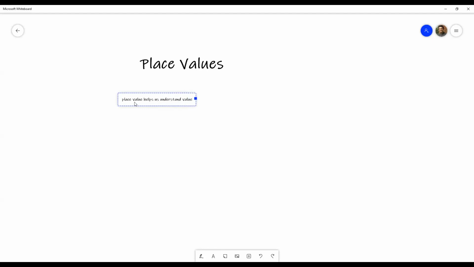Make sure you have notebooks or a copy and you're taking notes of important things, not everything. Sometimes you have to look at the screen all the time, so sometimes you miss things. So make sure you have notes of some important things.